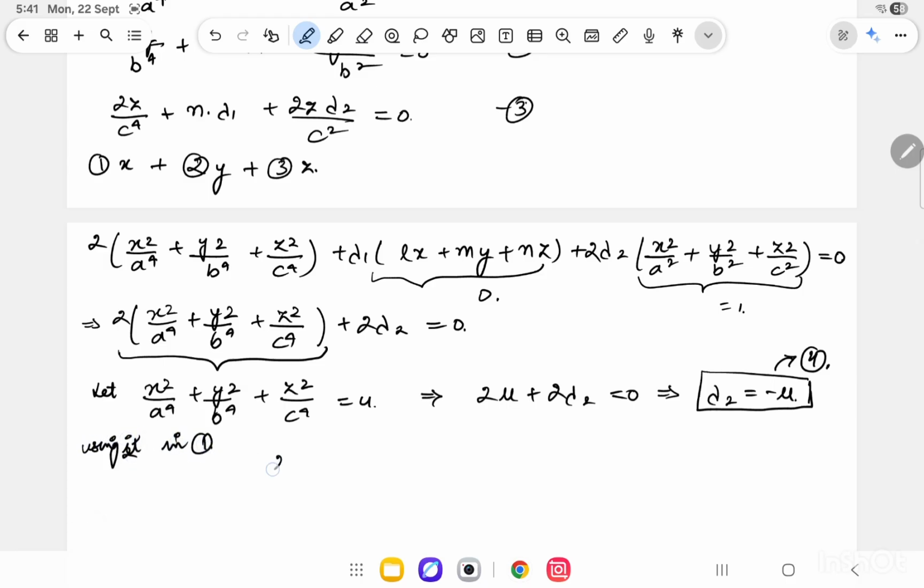So I'll get 2x by a raised 4 plus L lambda 1 plus 2x lambda 2 by a square equals to 0.